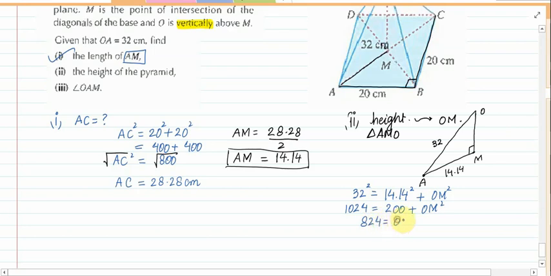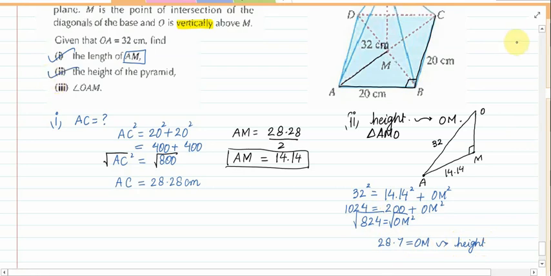And then you need to find the square root on both sides. So root of 824 is 28.7. That is the value of OM, and it's the height of the pyramid, right? That is the height of the pyramid. So that is part 2.